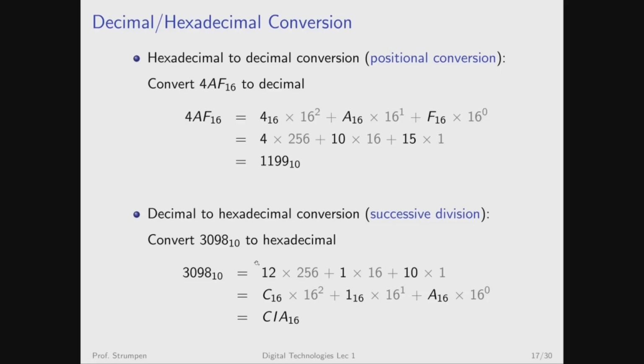Right, so here is our weighted sum, and now we want to convert this into hex. 12, the decimal number, is C in hex. 1 in decimal is 1 in hex, and 10 in decimal is A in hex. So the number is C1A, right?